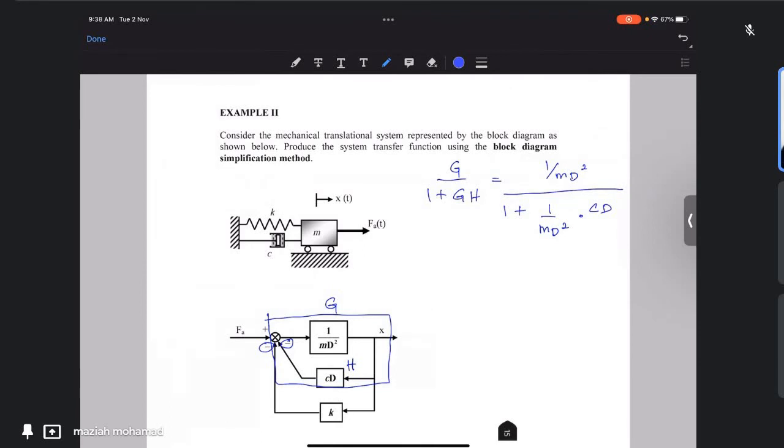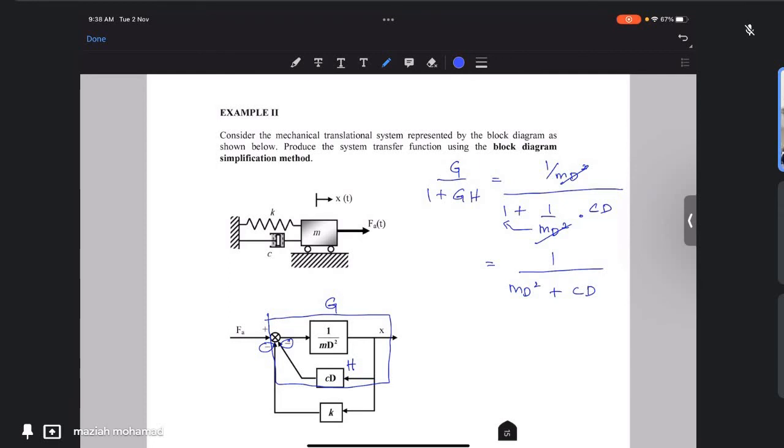All right. So we're going to multiply it here, so we can cancel the two terms. Therefore, the equation will become 1 over md square, because we already multiplied there, plus CD.